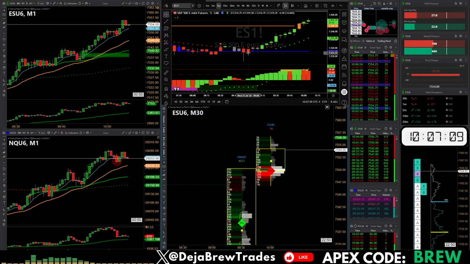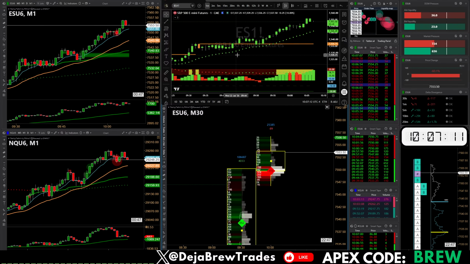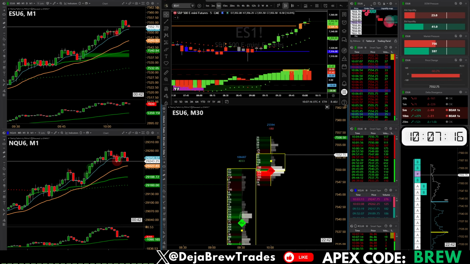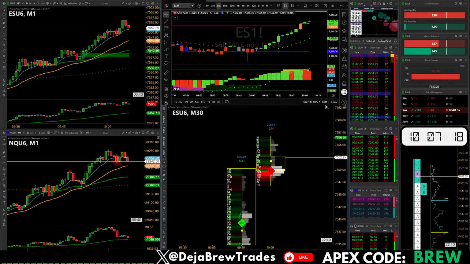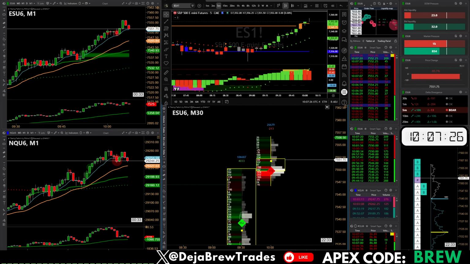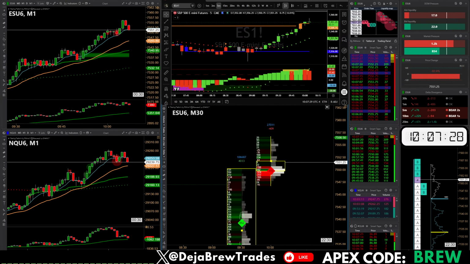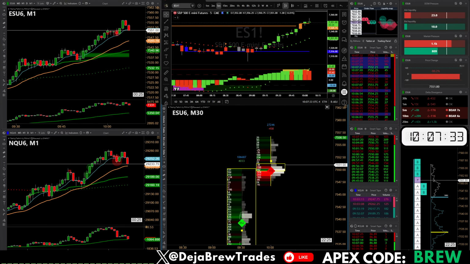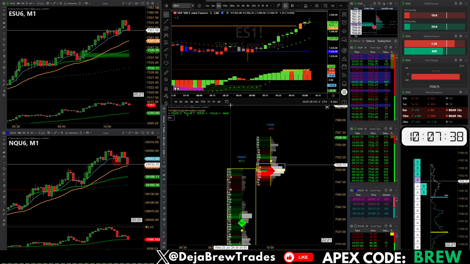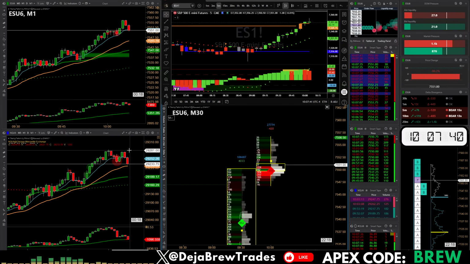Damn near protecting the 1-minute lows. You're barely losing the 1-minute lows. A little bit of a lower high on NASDAQ. There's some sell pressure coming in.